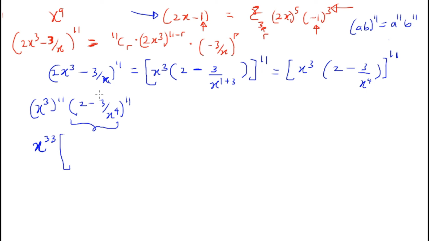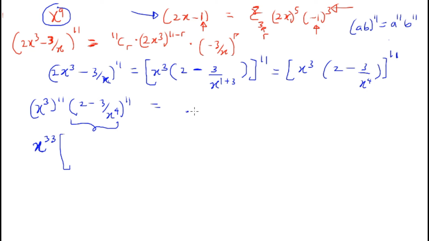So let's expand this using the knowledge of binomial expansion. But what I just need is the point where x is raised to power 9. I don't need to expand it fully, I just need the point where x is raised to power 9. Notice that I need something of this nature.